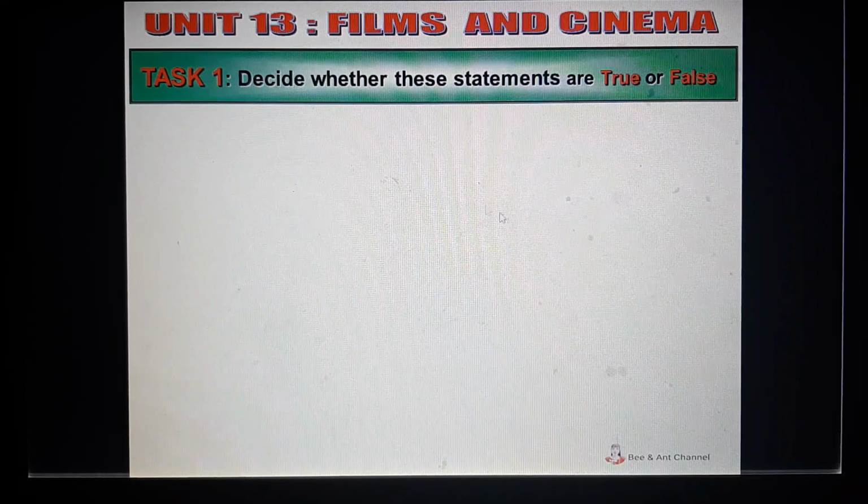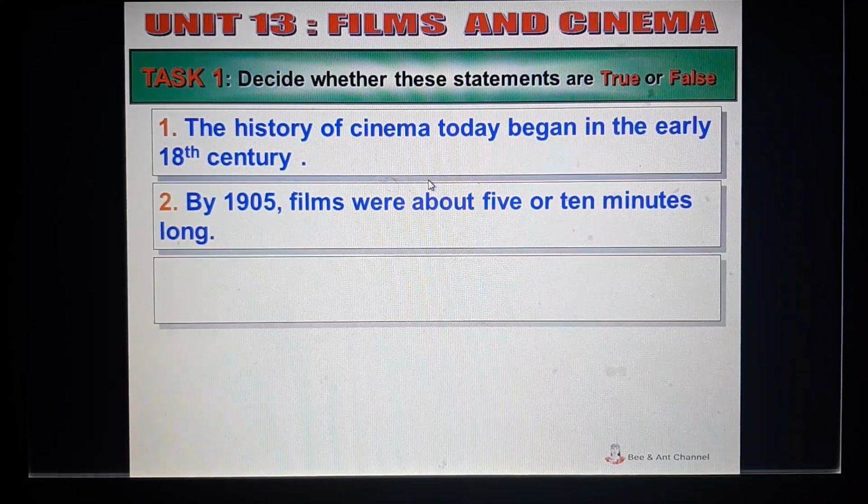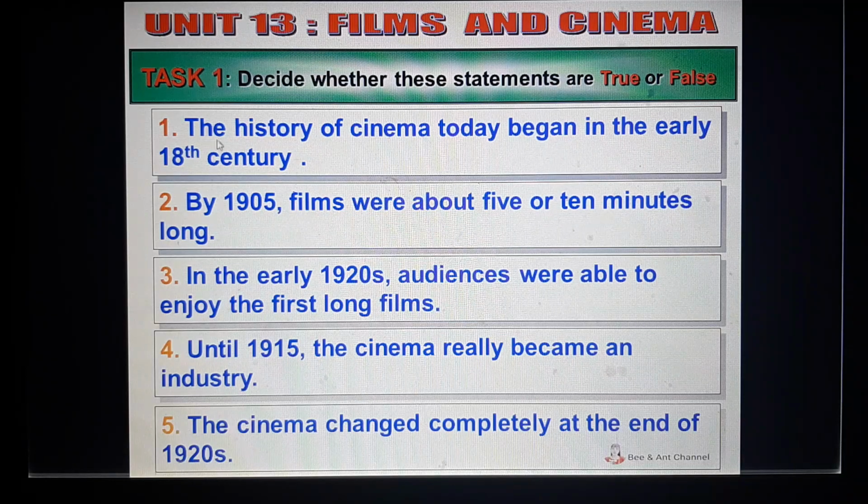Now test 1. Decide whether these statements are true or false. First of all, you should read the statements carefully. The history of cinema today began in the early 19th century.